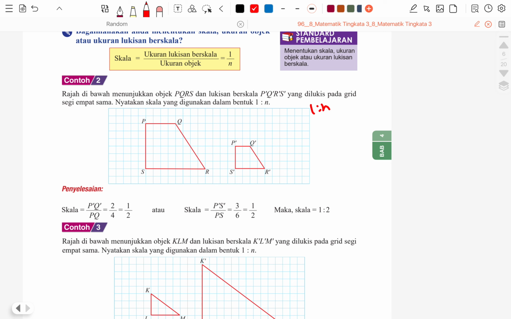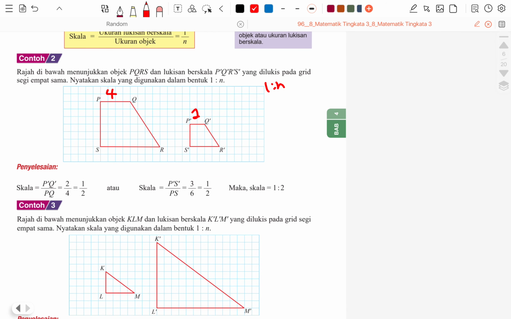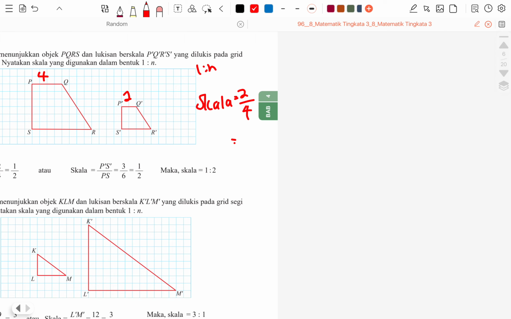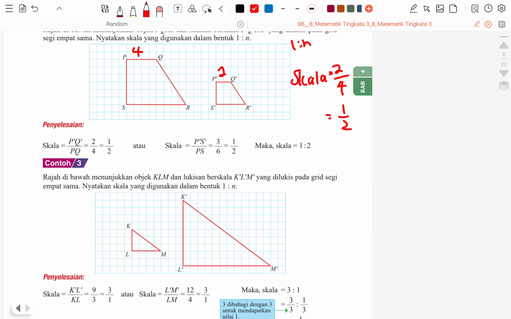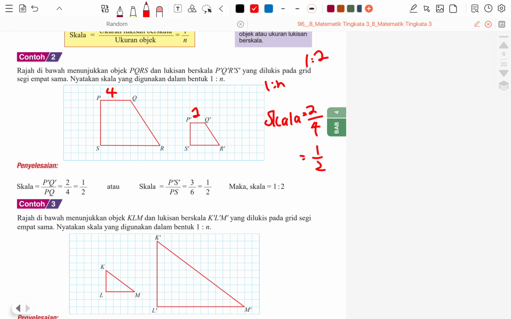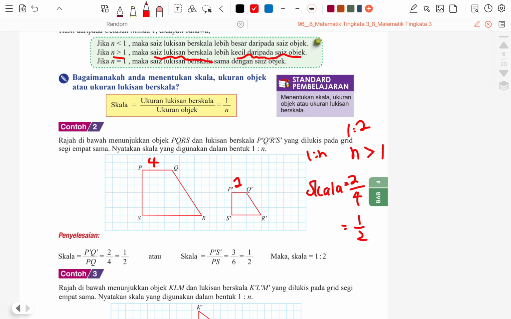So jarak antara P to Q is 4 units, and P prime to Q prime is 2 units. So now the skala is 1 over 2, so the scale would be 1:2. So n is larger than 1. Since n is larger than 1, size lukisan berskala lebih kecil daripada size objek.